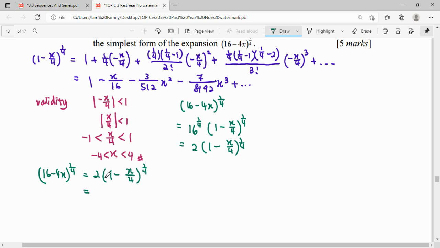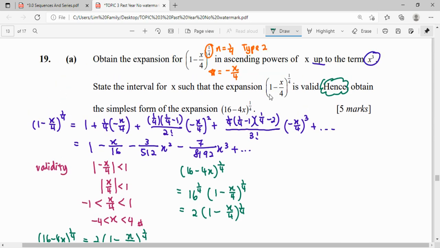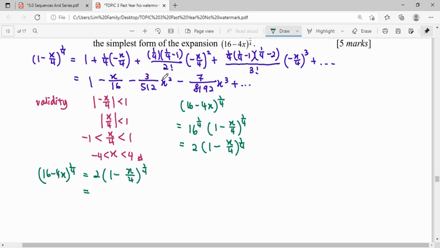This expansion of 1 minus x over 4 power 1 over 4 is already expanded, so we have to use this result. That is the power of this word. When we say hence, it means whatever answer we already have before, we have to reuse it. So we will copy this expansion to put here for our expansion of 16 minus 4x power 1 over 4.